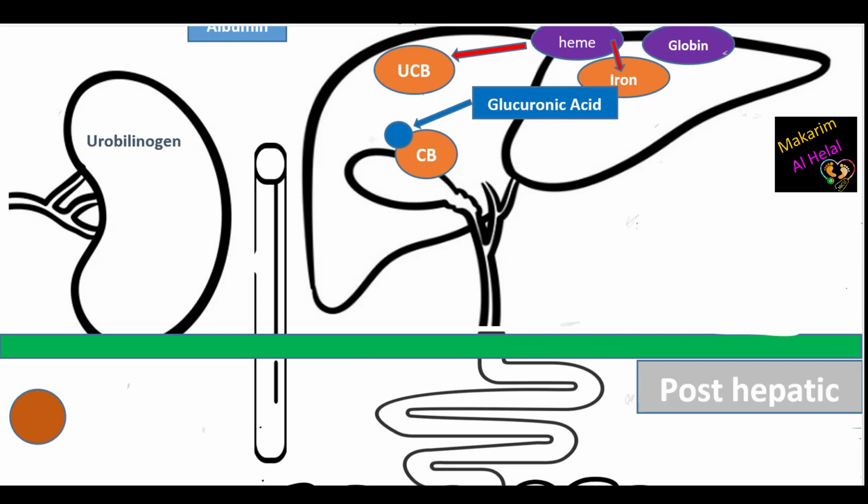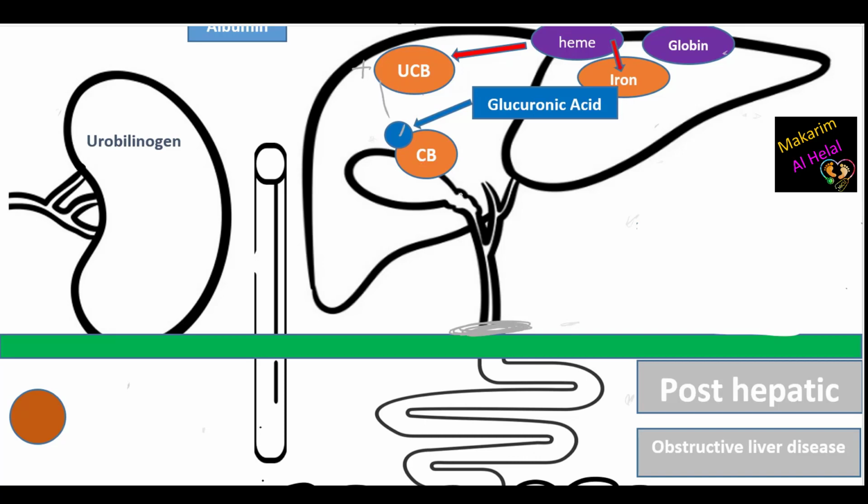The most common cause of post-hepatic jaundice is obstructive liver disease. Any pathology after the liver is considered post-hepatic jaundice. Unconjugated bilirubin is converted to conjugated bilirubin.